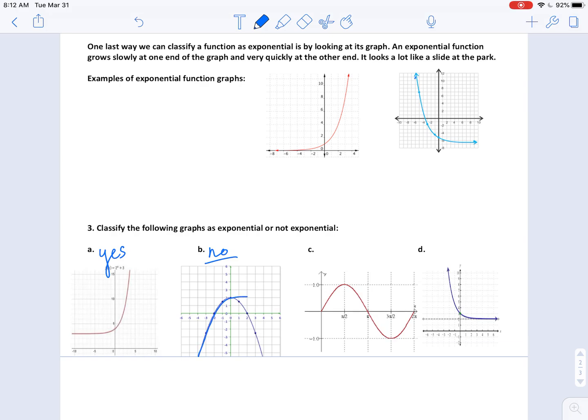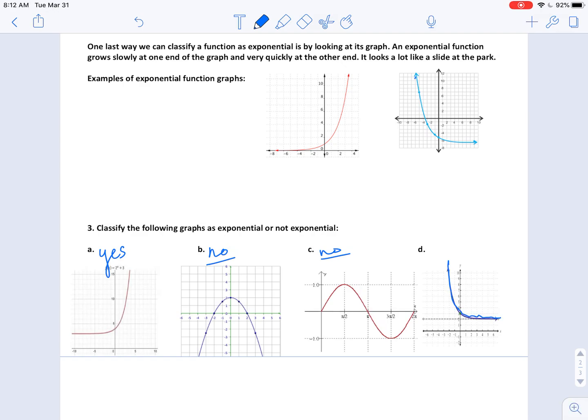B looks more like a roller coaster. So you can see it's not growing and then kind of leveling off. It grows, but then it shrinks again, so that's not exponential. Here, again, same idea. It grows, but then it shrinks, and then it grows again.